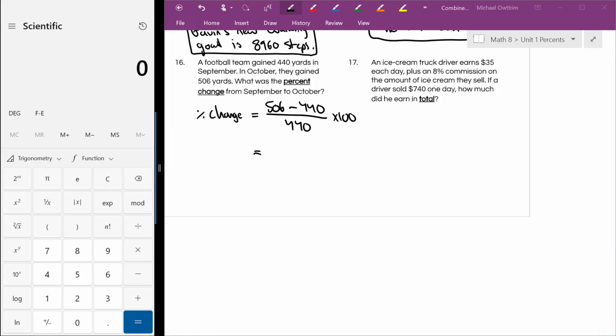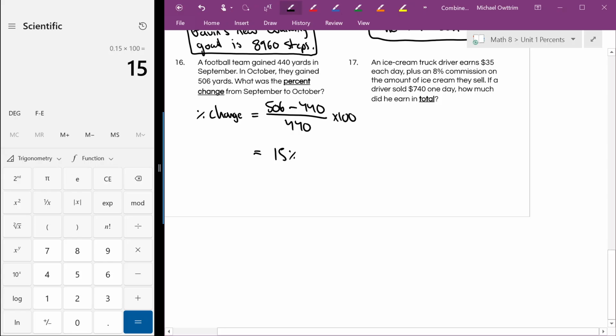So let's do this calculation. We're going to do our 506 minus our 440 on top. That gives us 66. We need to divide that. So 66 from the top divided by 440 on the bottom. And then multiply that by 100. And of course, we're going to get a 15% change.